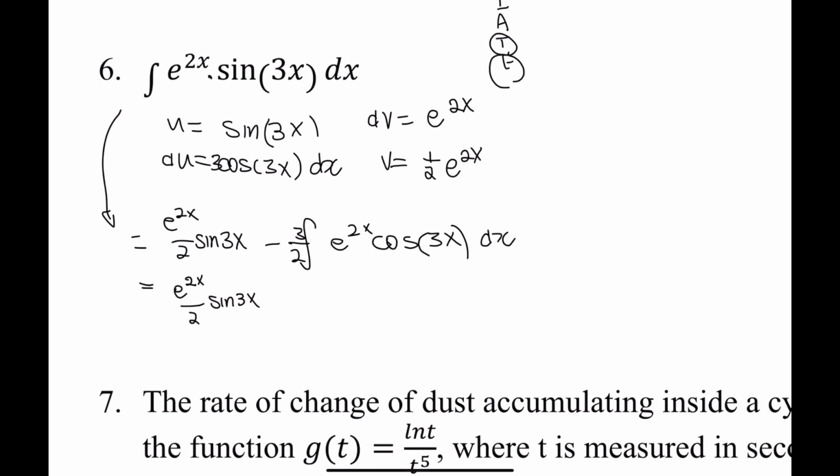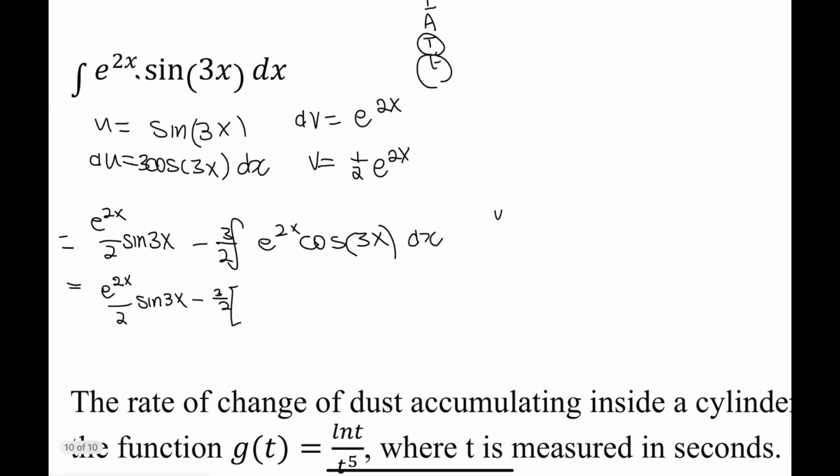So for the integral one more time, we're going to put u equals cosine 3x, right? du equals negative sine 3x times 3, dx. dv equals e to the 2x, v equals 1/2 e to the 2x, right?